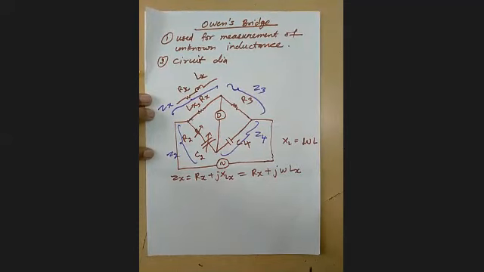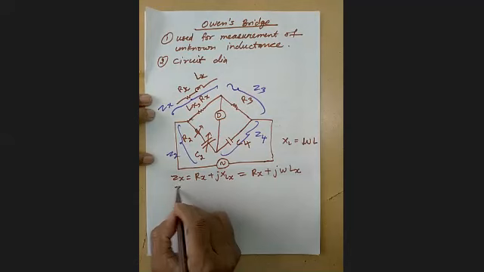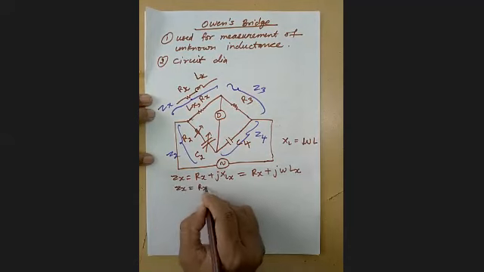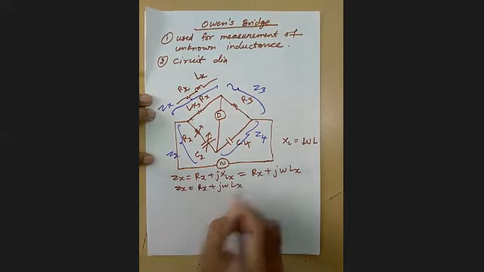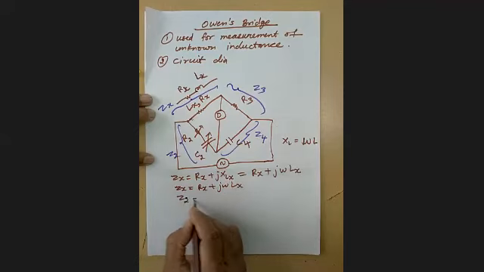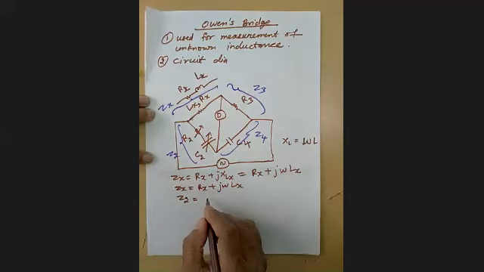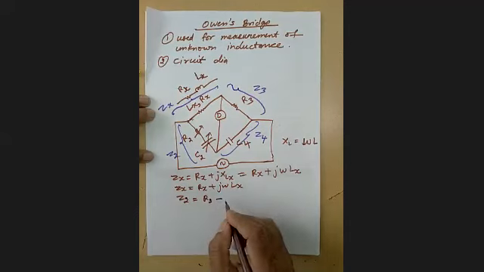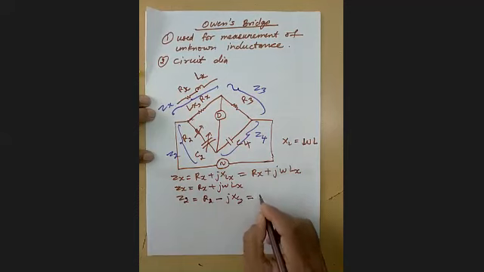Now this is Zx. Zx equal to Rx plus j omega Lx. Value of Z2 is how much? Anybody? What should I write? R2, Anisha, yes, plus minus jXC2. Equal to how much?